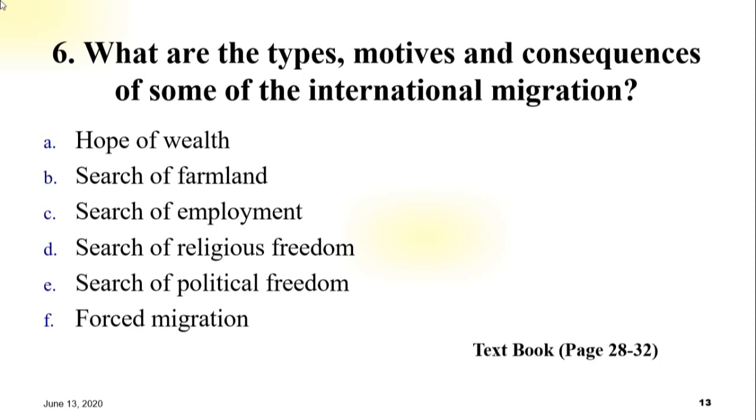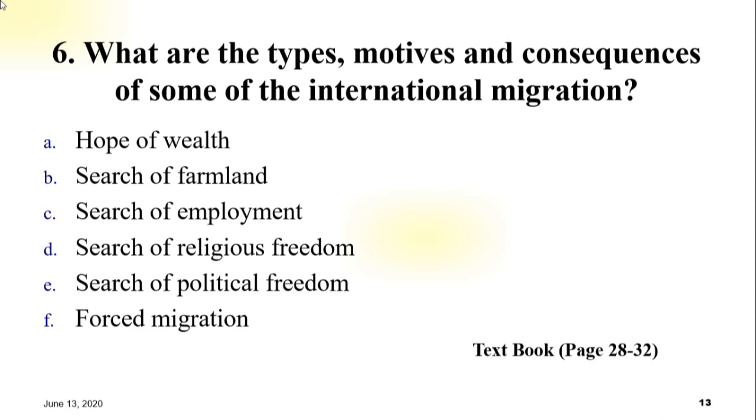It means people migrate from their place to another place, from their country to another country, by forcing. Forced migration is a large population movement which is forced upon people by the government.